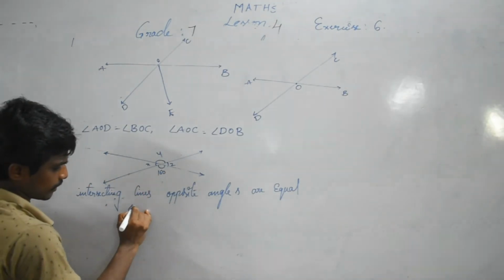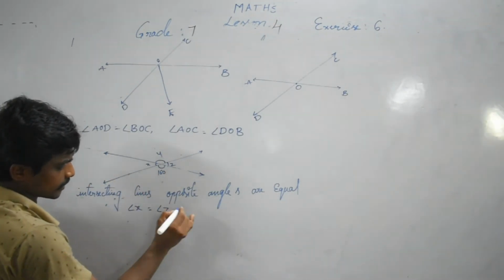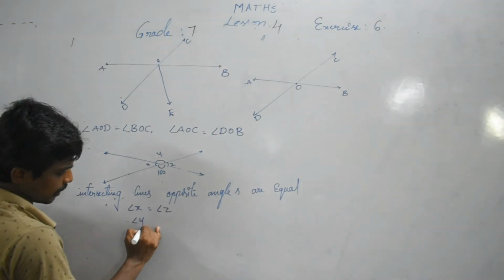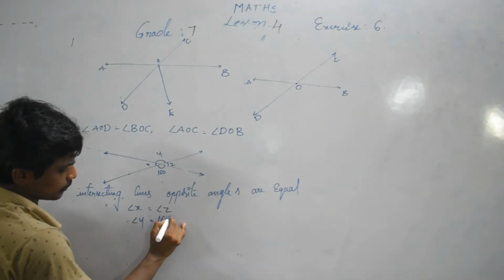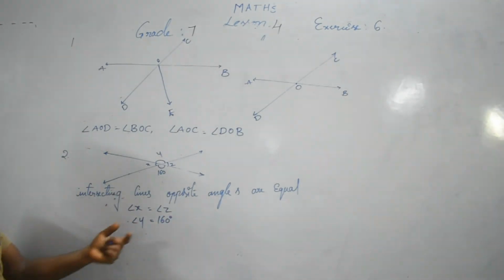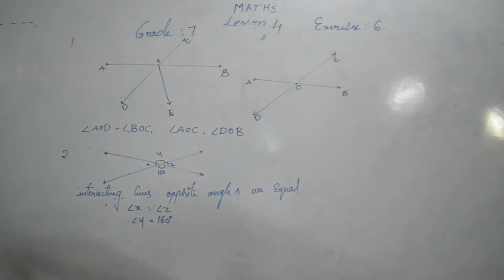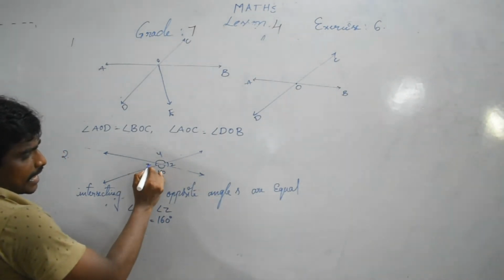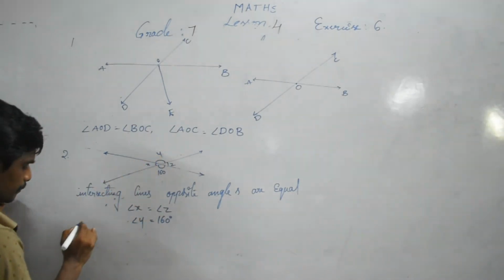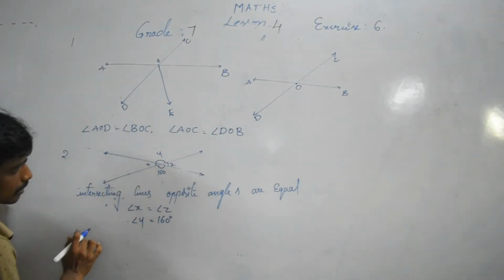So angle x is equal to angle z, angle y is equal to 160. Now we know angle y is how many degrees? 160.